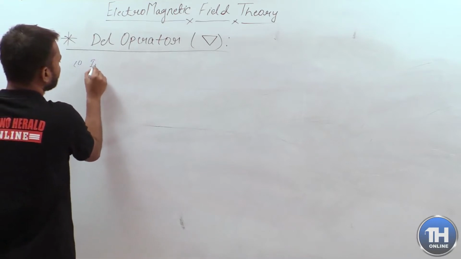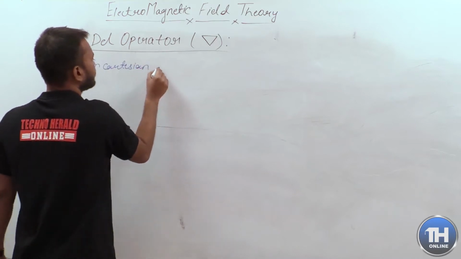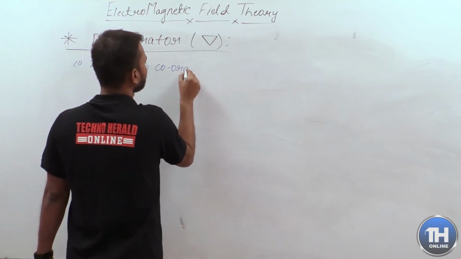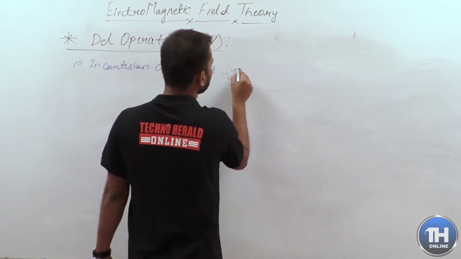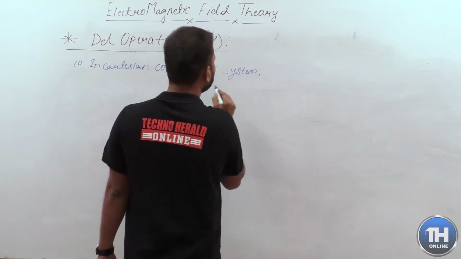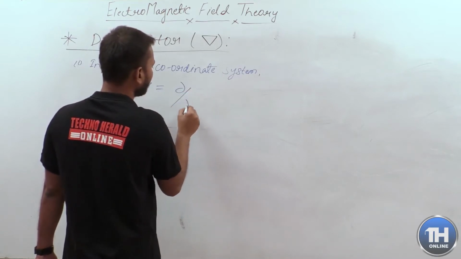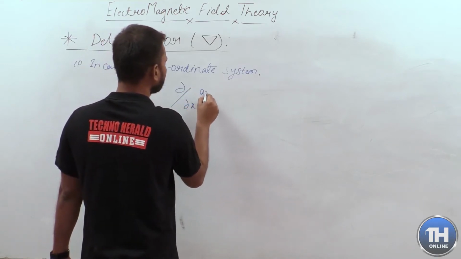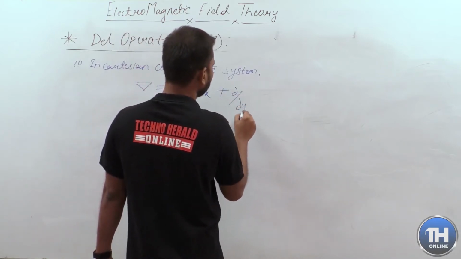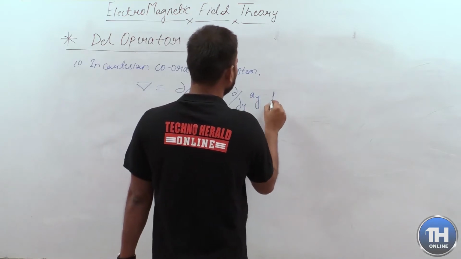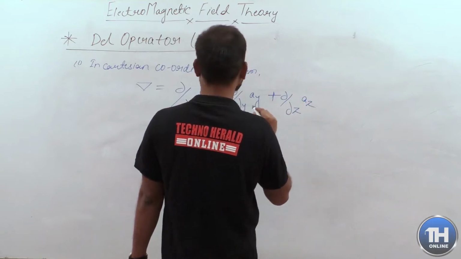First one, in Cartesian coordinate system, delta is given as del upon dx ax plus del upon dy ay plus del upon del z az.